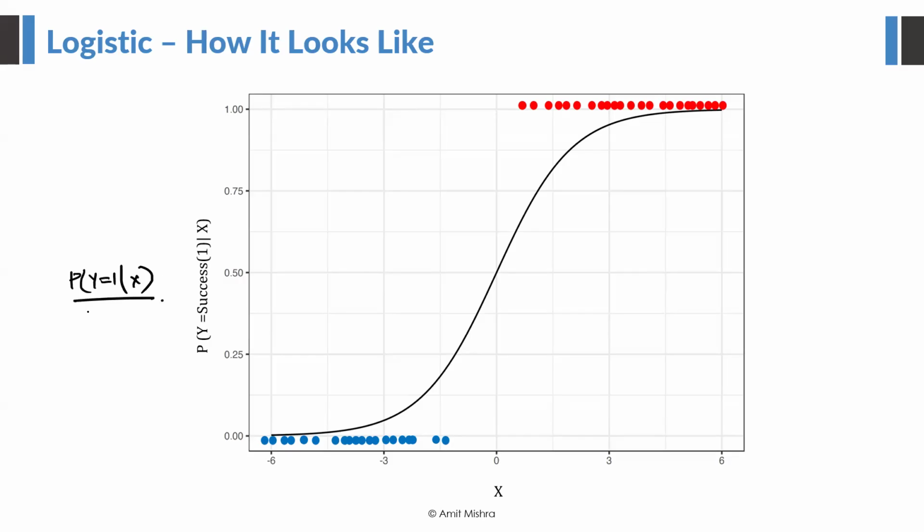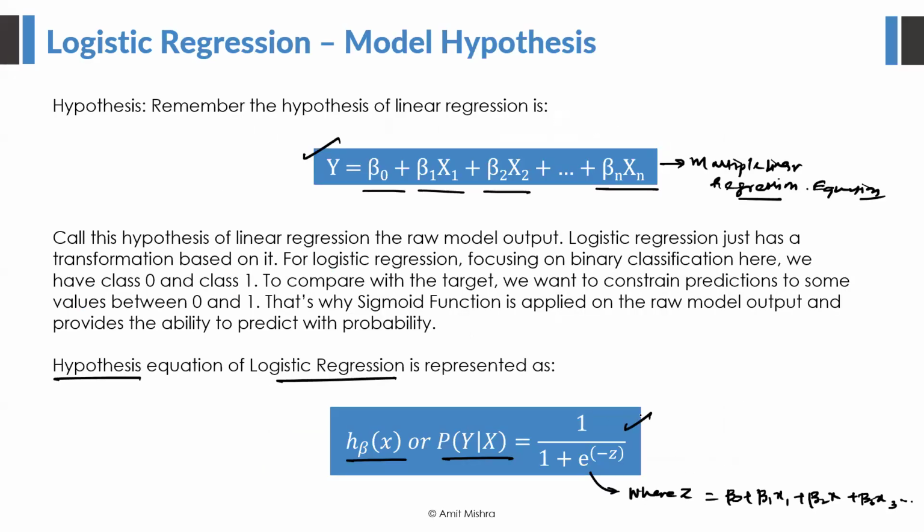This is all about your label 1, and this is about your label 0. What this equation basically does is return a probability. This equation is known as the sigmoid function. It returns a probability.